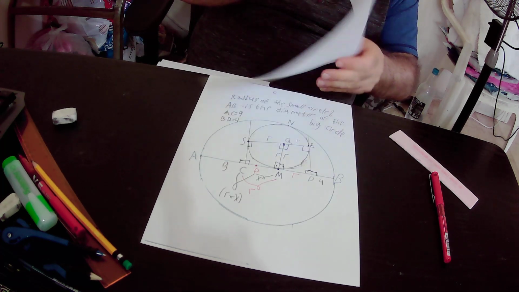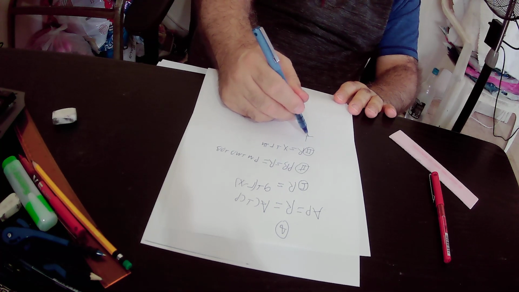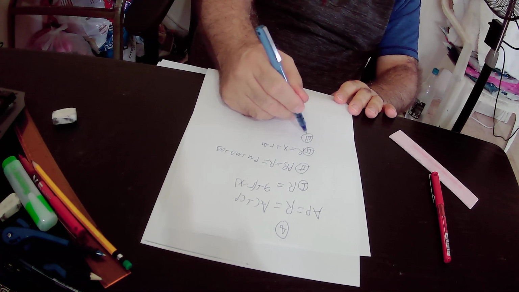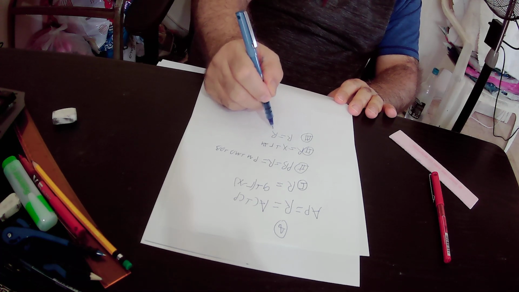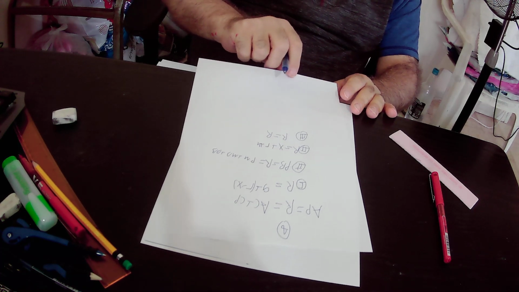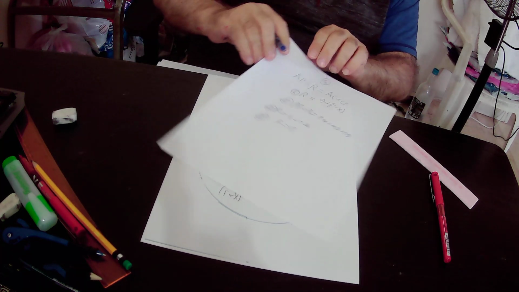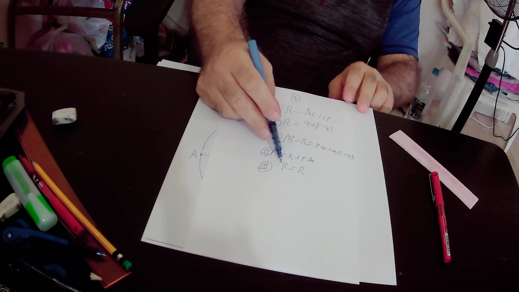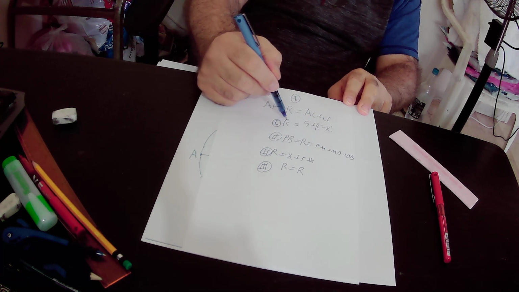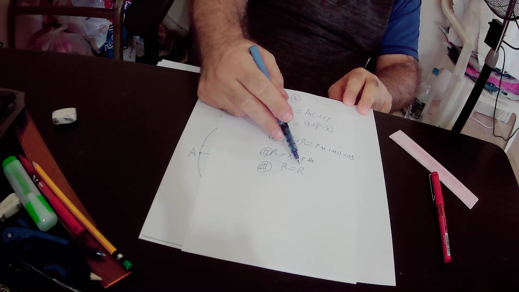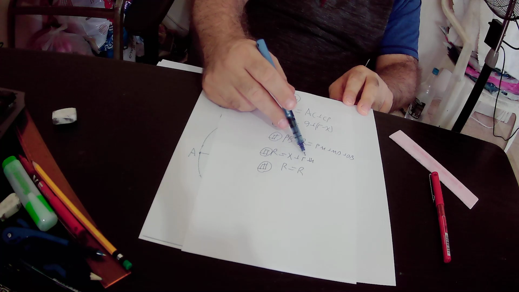So we can write down equation number 3 that states that R equals R, the radius of the big circle, and we will substitute this R by the first equation, and this R by the second equation.